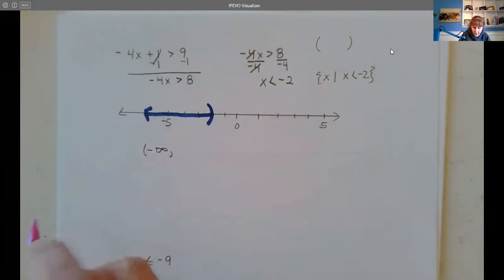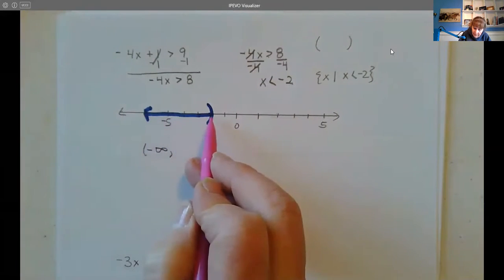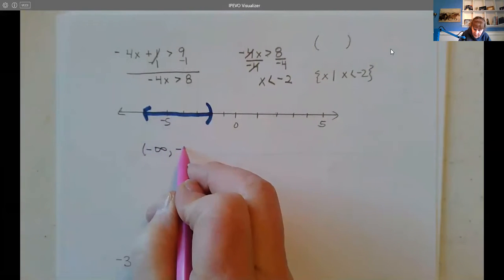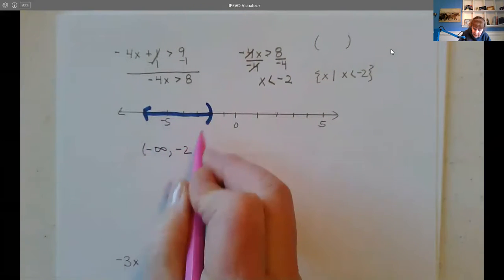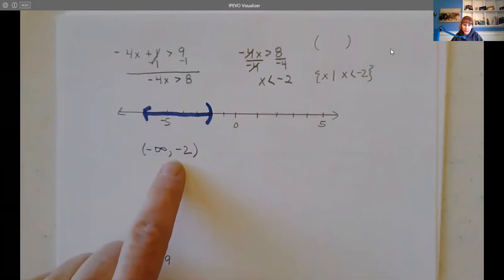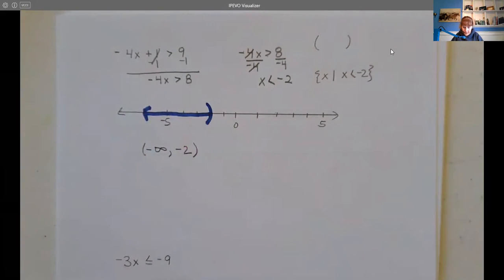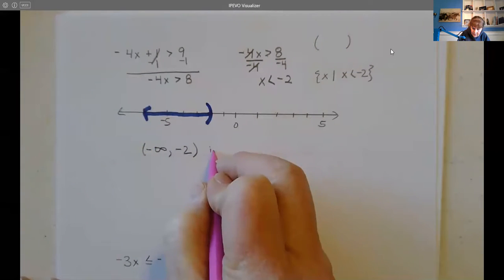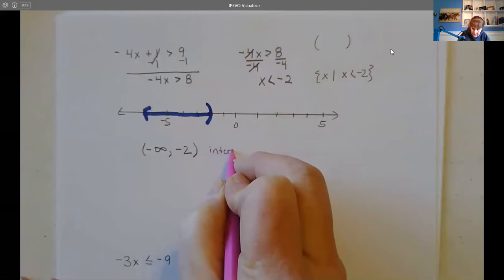That's to the left forever. And then it will stop eventually at the -2, but not include the -2. This interval notation, unfortunately, does look like an ordered pair, but it's not. You'll know the type of problem you're solving. This is the interval notation.